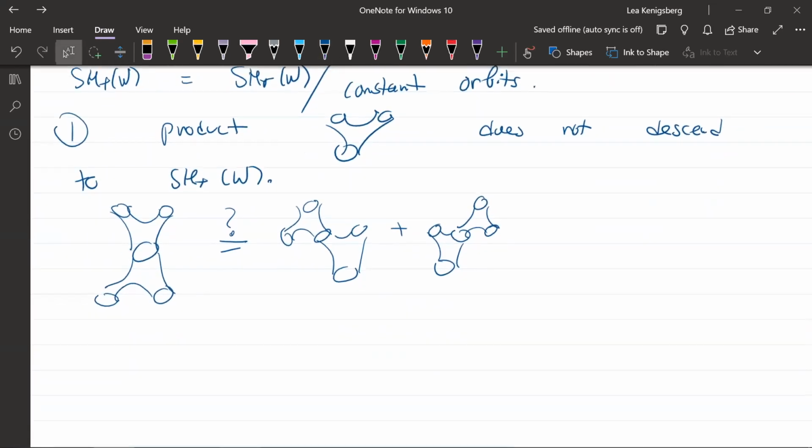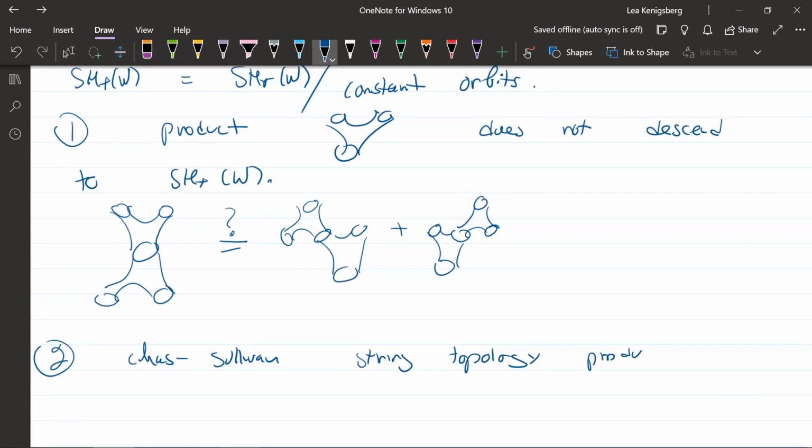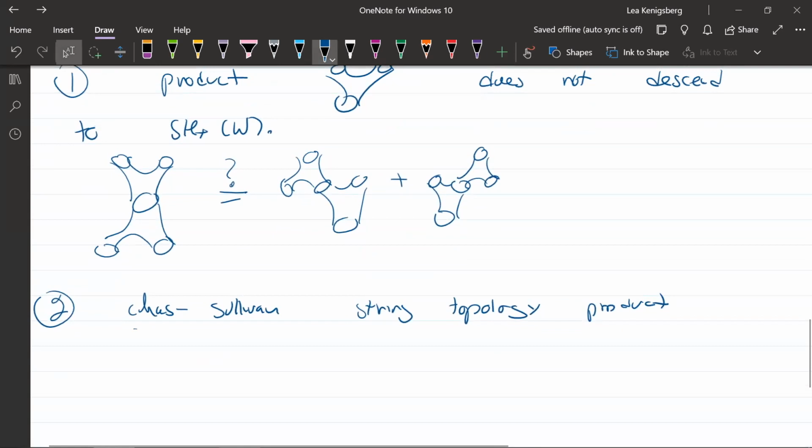So the second motivation for studying coproducts also comes from string topology operations. Maybe I'll mention it very quickly. The Chas-Sullivan string topology product, which you want to think of as really just a pair of pants, takes two loops and multiplies them.